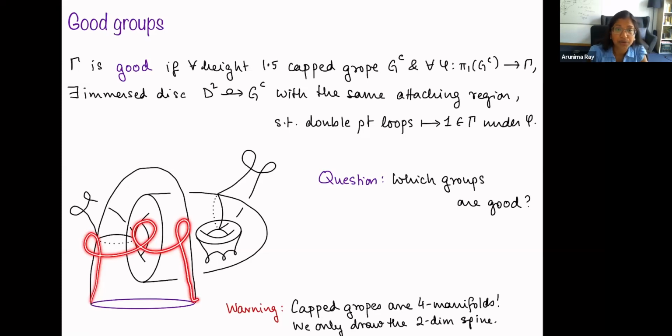It's a 4-manifold, so finding that immersed disk is a meaningful notion. So finding that disk is not bad, but I need to look at these double point loops, these loops that start at the self-intersections and travel around. These generate the fundamental group of this object. And I want these things to map to the trivial element under this homomorphism phi.